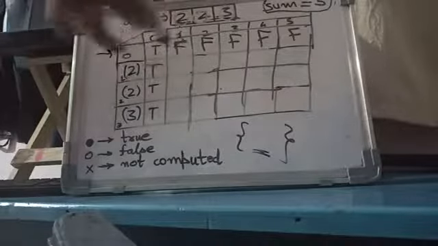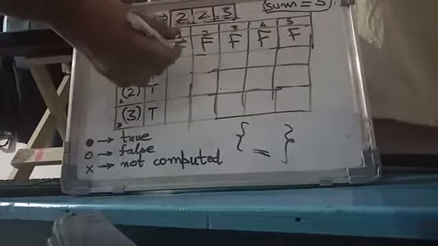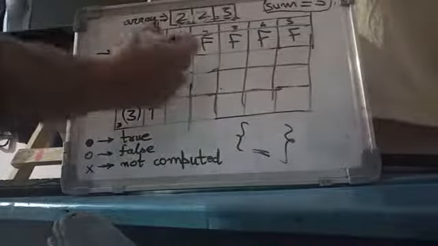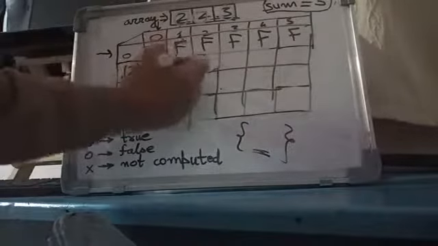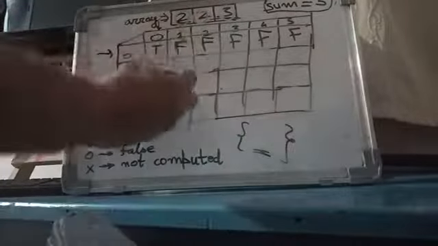It's already stored in the uppermost cell of the query cell. So I'll take this as false here, because if I do not choose 2, the null element also is not providing me a sum 1. So I'll write false here.